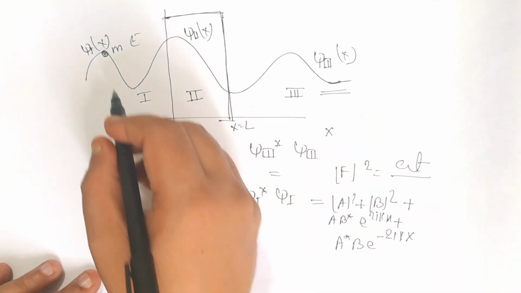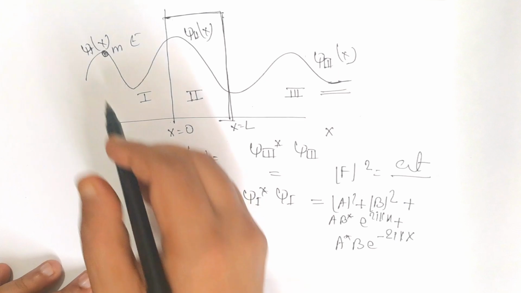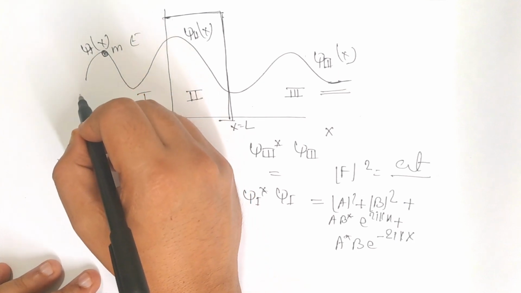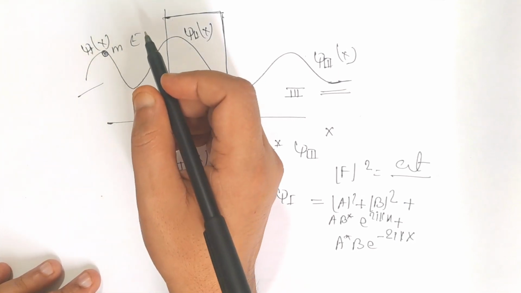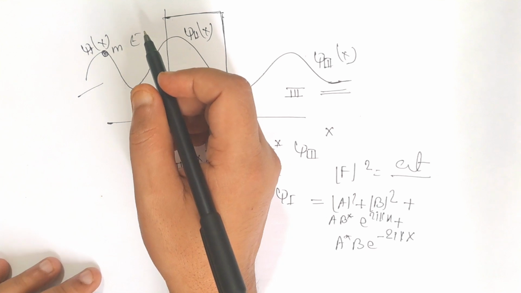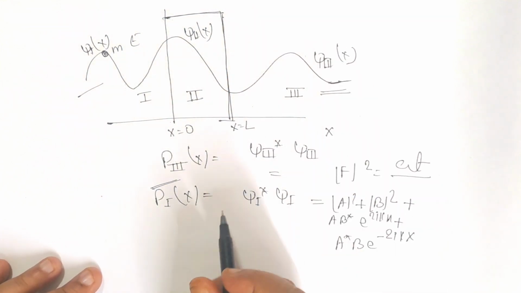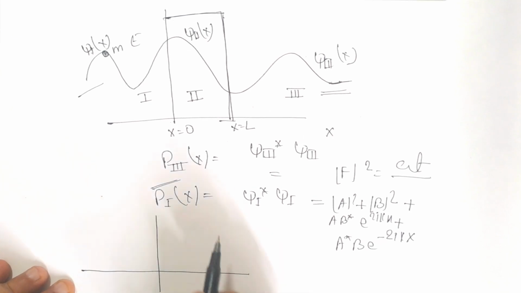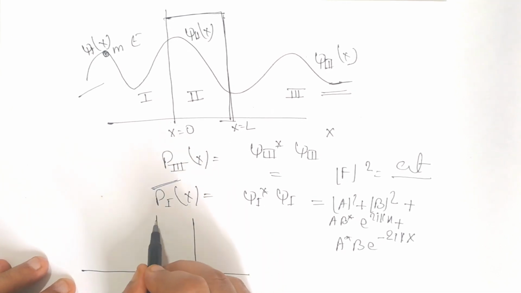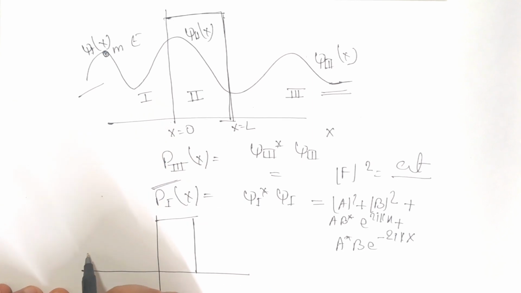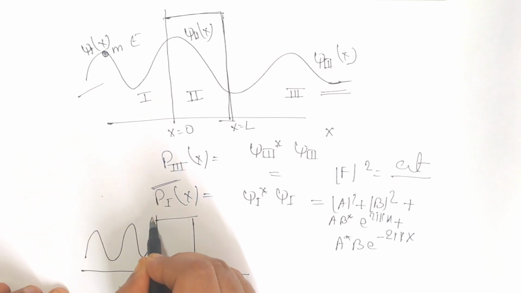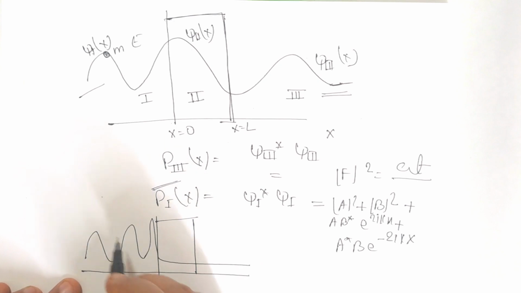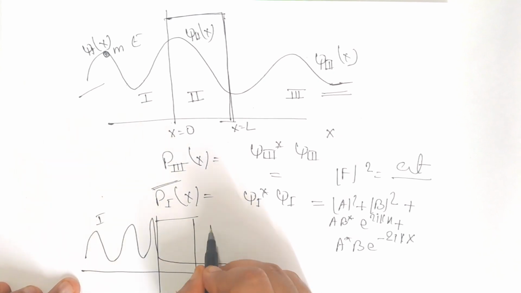So in region 1, the wave function has oscillatory nature.